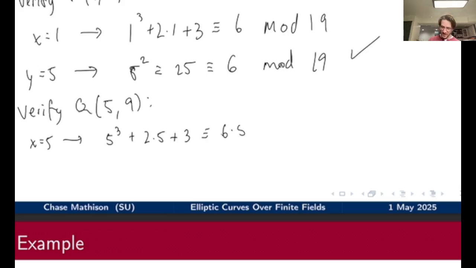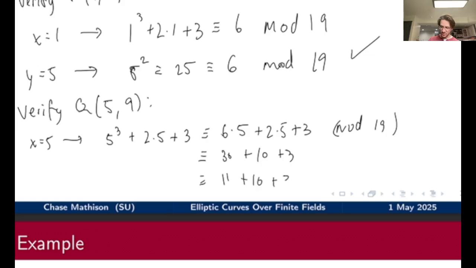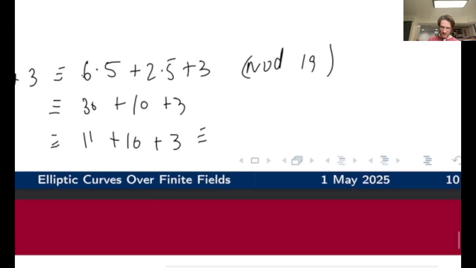So 6 times 5 plus 2 times 5 plus 3, mod 19, which is 30 plus 10 plus 3. 30 mod 19 is 11, plus 10 plus 3. 11 plus 10 is 21, mod 19 gives me 2, so I get 5 mod 19.